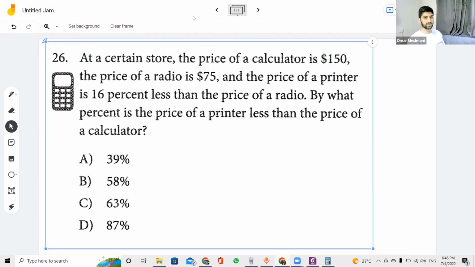Are you sure, Mr. Osama? If you are sure, it's the correct answer.